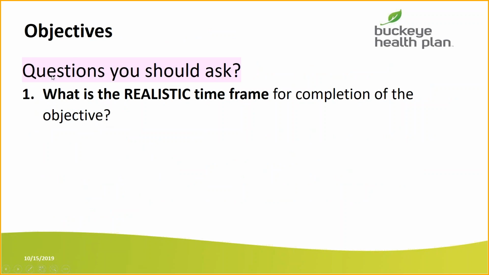So when you're doing objectives, ask yourself, what is the realistic time frame for completion of the objective? That's an individualized process, right? It takes some human input. The computer won't generate all of that for you.